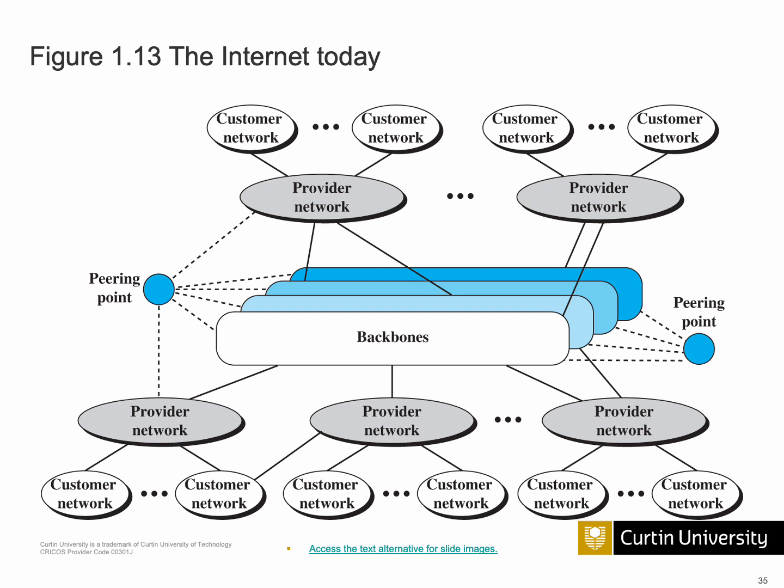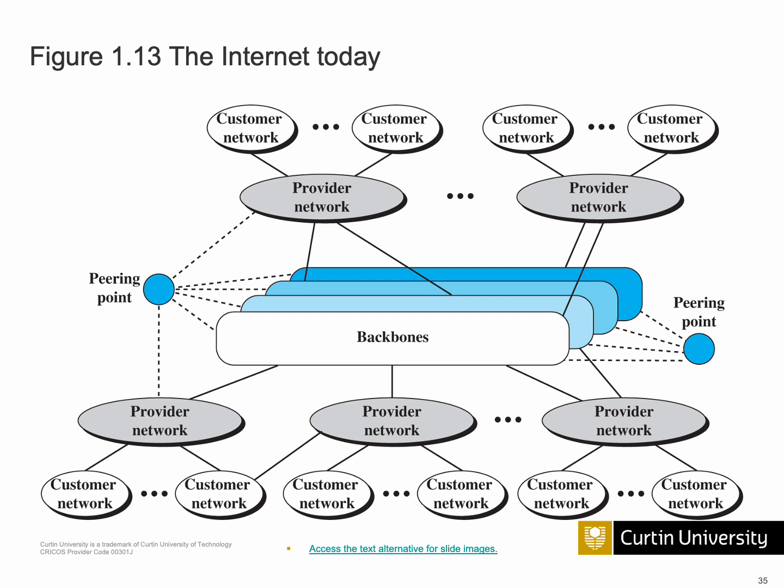This figure shows a conceptual view of the Internet with a capital I. It can have different backbones, provider networks, and customer networks. On the top level, the backbones are large networks owned by communication companies.